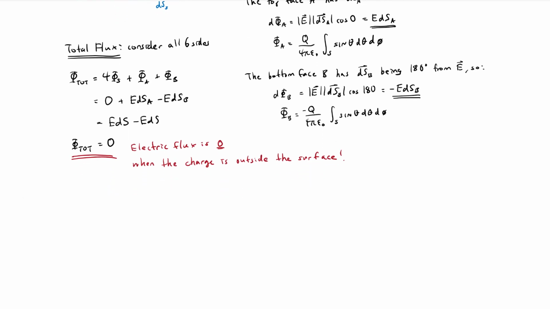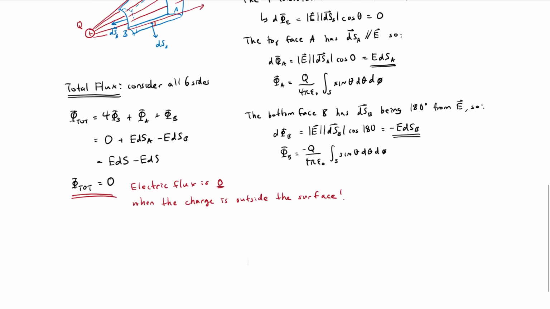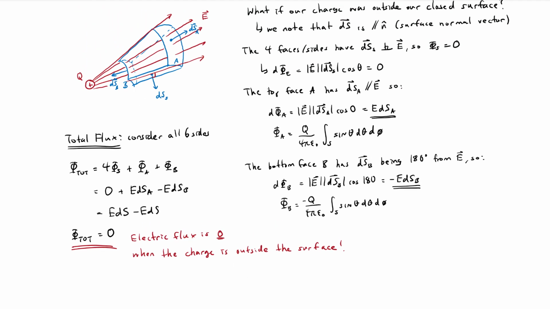Something else that's important is the idea of positive and negative electric flux. Looking at the diagram again, and also our definition of flux, flux is positive here, and it's negative here. But what do you notice?